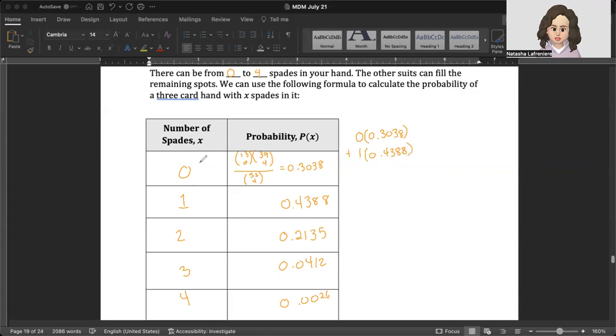You really do that times that, and you add all of these, plus 3 times 0.0412 and plus 4 times 0.0026, which is equal to 1. Okay, so I'm clearing that, and we've got one last example before we go.